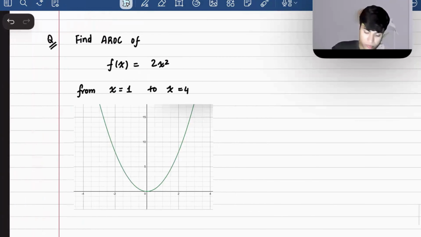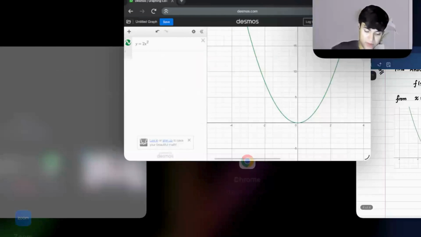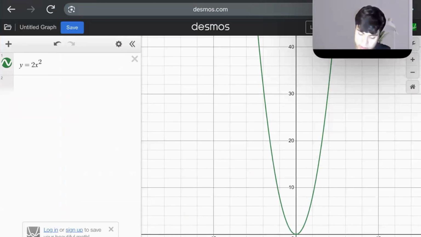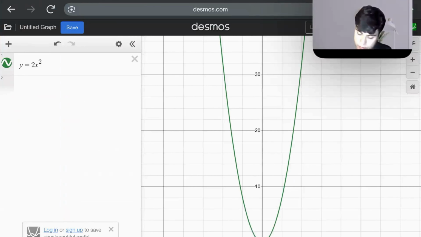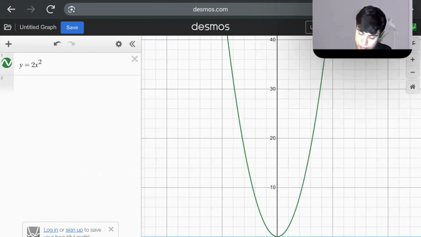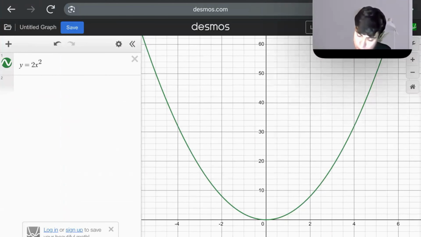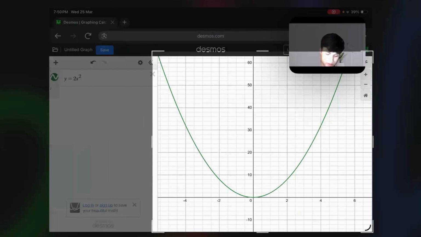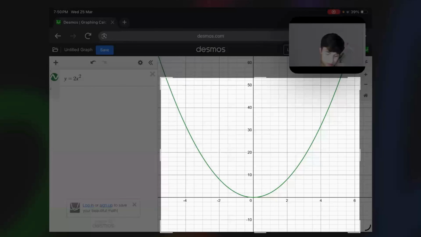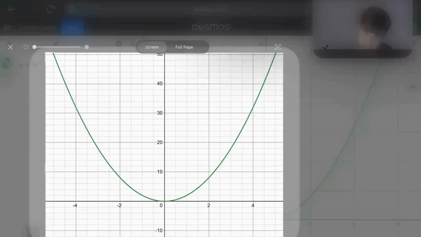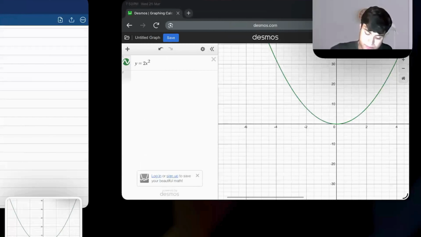Oh wait, we cannot see 4 because we need the value 4 there. Much better. Let's take another screenshot and bring it back to OneNote. We have it here.